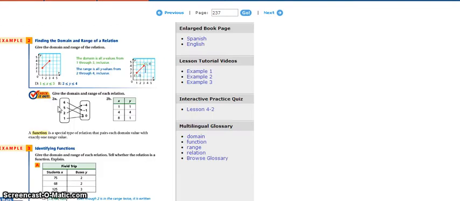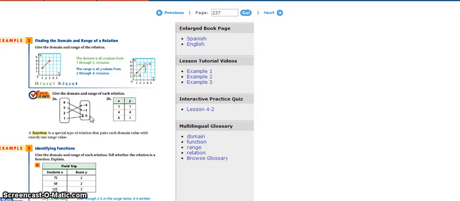Now you take that a little further and you have where each domain is paired with one range value. So this right here, 2a, is a function, okay? Because each number in the first column is paired with one number in the second column. In other words, they don't have two arrows coming off of one number, okay? One number doesn't have two arrows starting from it.